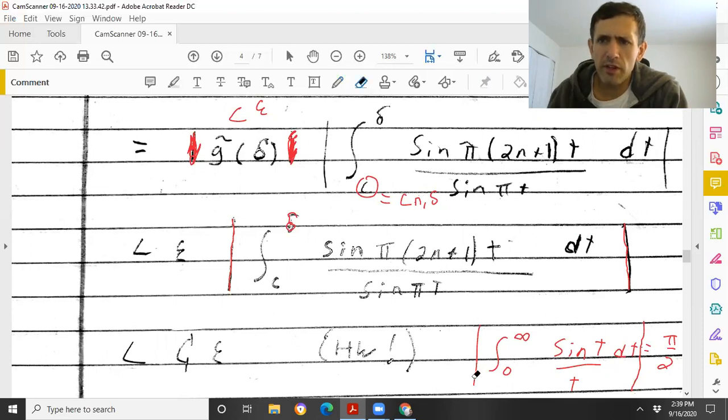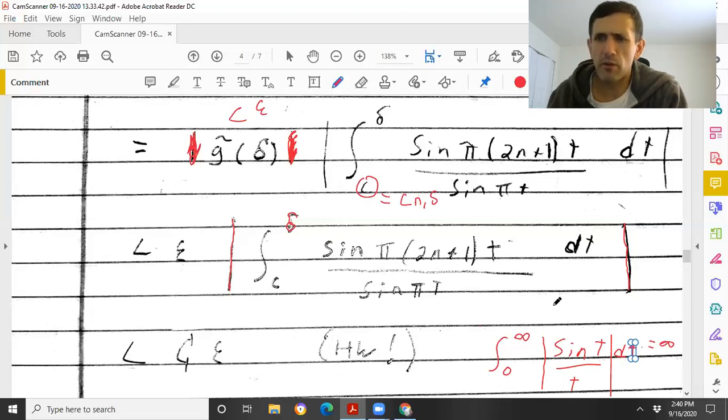And if you want a very easy homework exercise, I'm sure everyone's pretty busy, but if you want a homework exercise, I'm not going to collect this. It's basically, we've essentially done this already, if you think about it. But this here is equal to infinity.